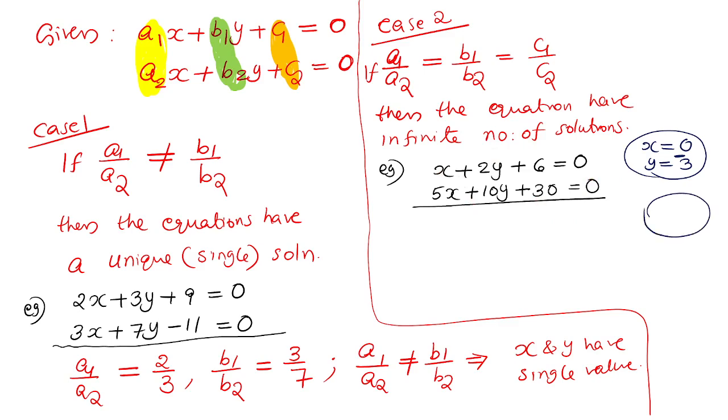For example, x equal to minus 6 and y equal to 0 is another solution. How will you check it? If you put x equal to minus 6 and y equal to 0, the first equation is satisfied, and the second equation is also satisfied.